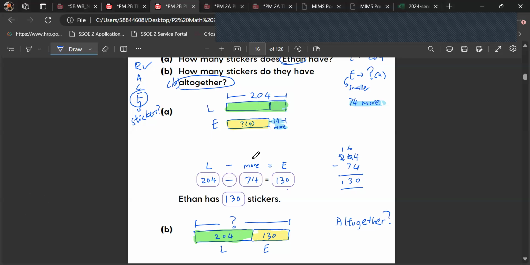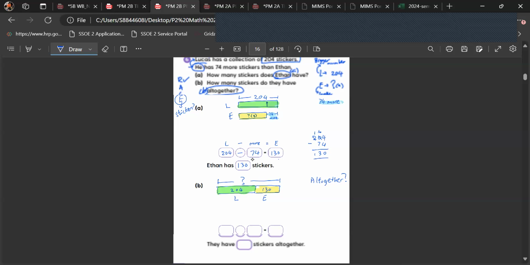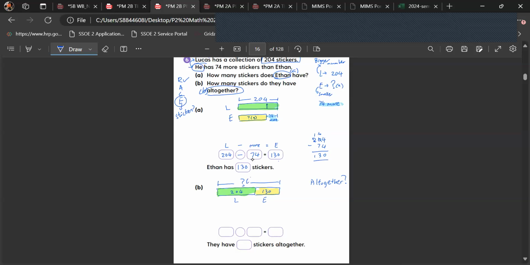Okay, so I have two question marks in my question because it's a two-part question. One part is A and one part is B. So for part B, I will get Lucas plus Ethan to get all together.